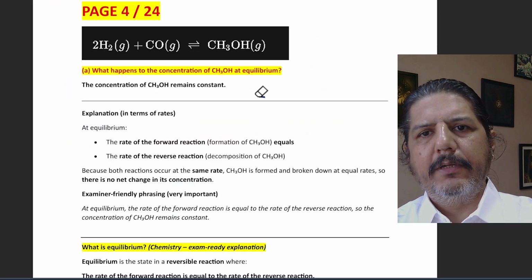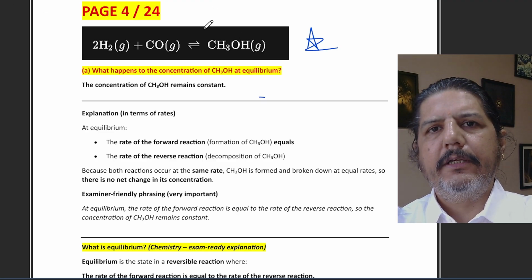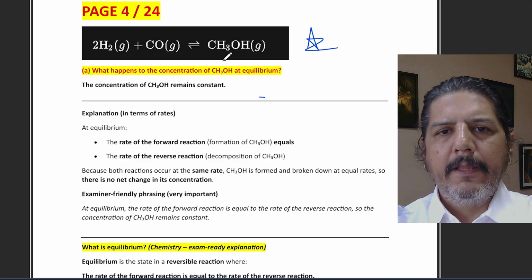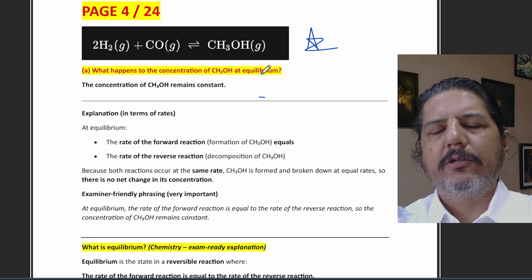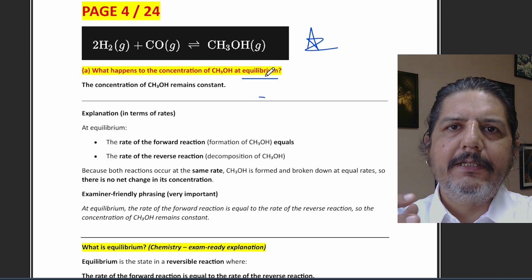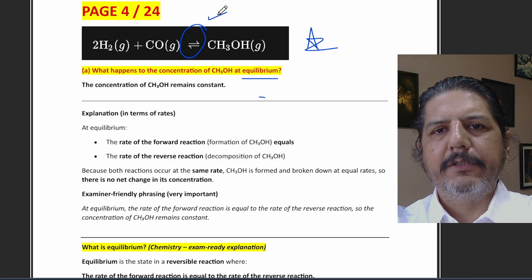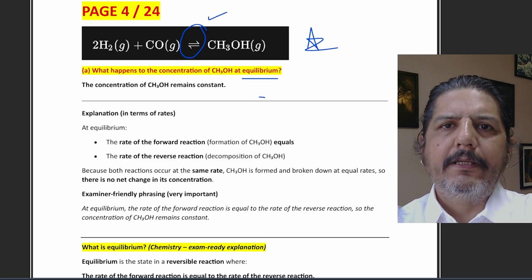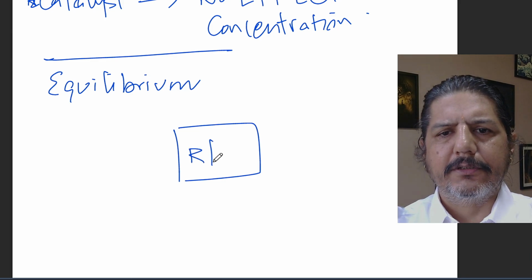So, for example, if we have a reaction like this, the characteristic of equilibrium. This is the equation given to us. Now, the question is what happens to the concentration of methanol at equilibrium? To understand that, first we need to understand what exactly equilibrium is. What is the meaning of this sign? I'll give a rough example to make things easier: imagine this is a railway station.